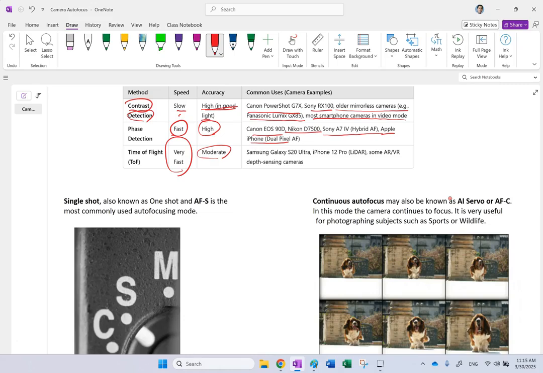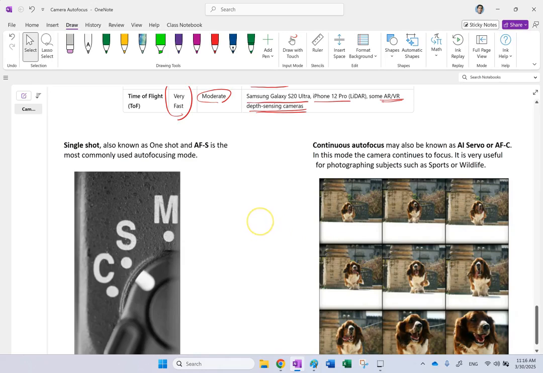Their accuracy is moderate because the time of flight can be really good if your beam of light exactly hits the object and there is no attenuation or refraction of light or anything like that, and depends on how good those lookup tables are. So some of the Samsung Galaxy ones, iPhone 12 Pro, and some of the augmented and virtual reality systems are using time of flight. Keep that in mind.